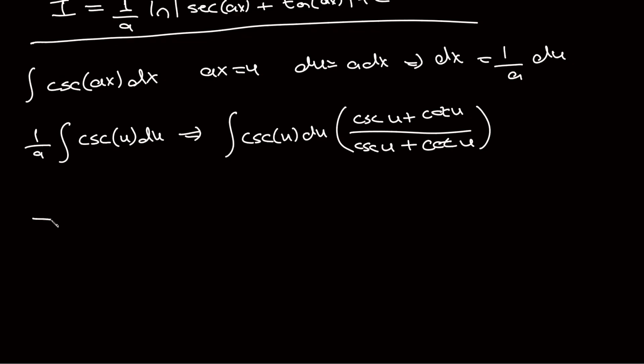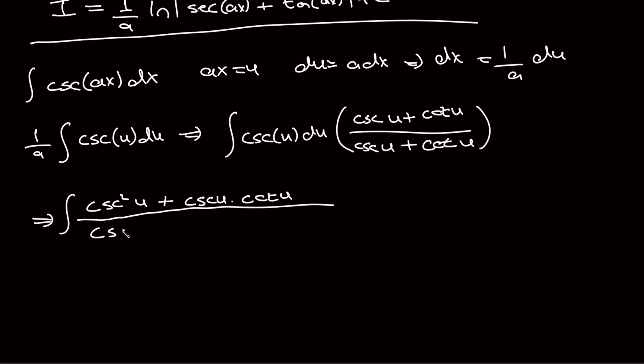And this becomes integral of cosecant squared u plus cosecant u times cotangent u over cosecant u plus cotangent u du. z is equal to the denominator, cosecant u plus cotangent u.